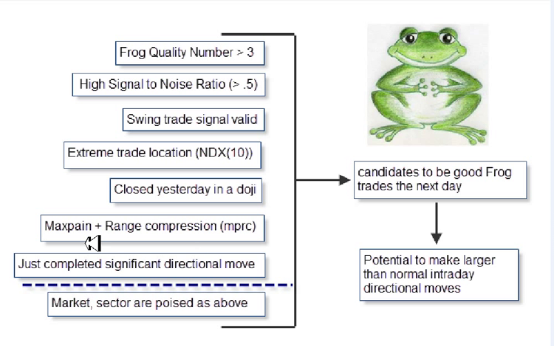A special form of trade location and doji is our favorite pattern, the max pain range compression, or the MPRC.